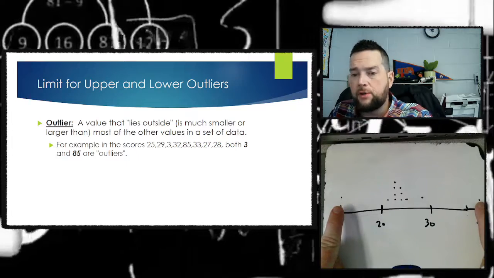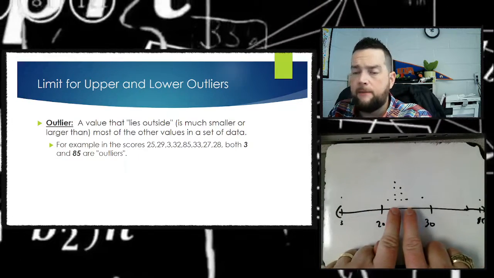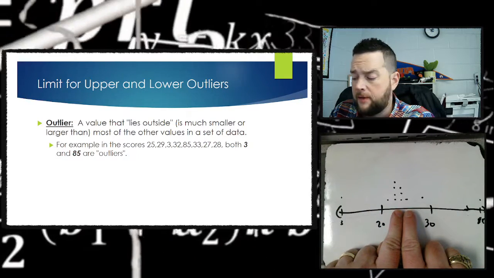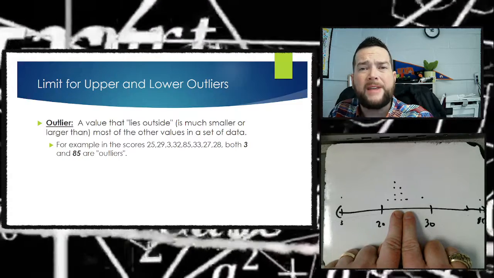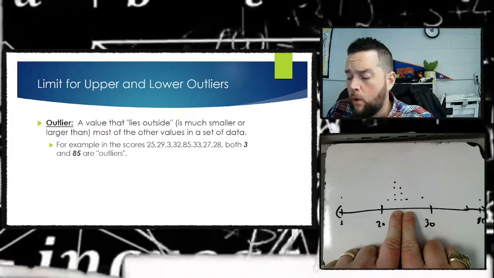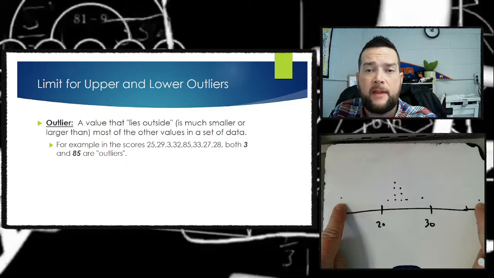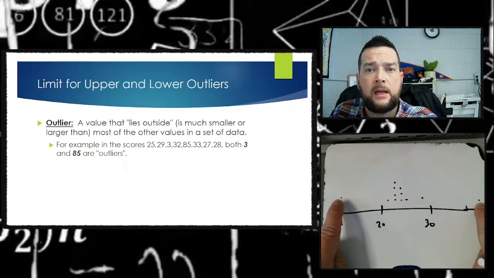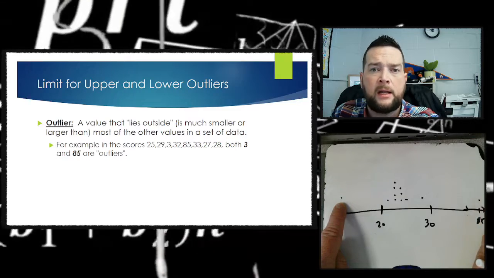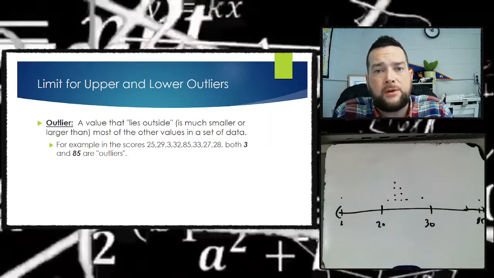These dots are really far away from the cluster of data, and therefore we call those outliers. When you have a data representation like this, it's really easy to identify the outliers because they're significantly below or significantly above the cluster of data.